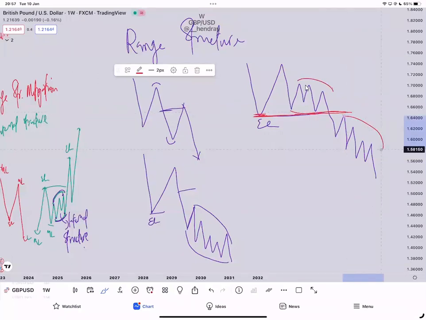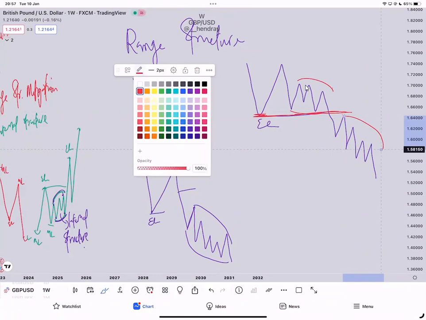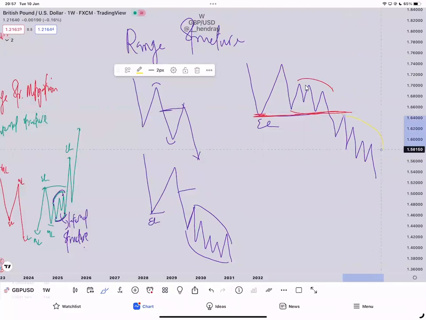So why is this one here a range structure? Let's give that maybe yellow. So this right here is range structure. This is internal structure, and these outside are range structure.